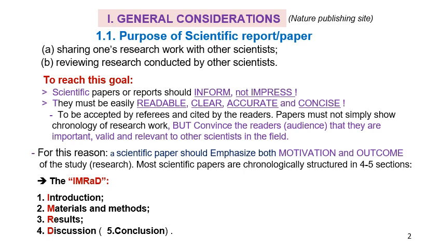But it is not to impress the readers or other scientists. We bring them new information from our study outcomes. And the scientific papers or reports should be easily readable, clear, accurate, and concise. So the people who are going to read my paper, my scientific report, should not have difficulty understanding the content.